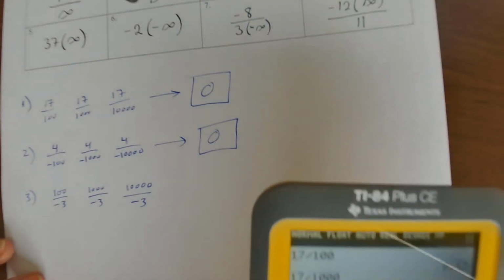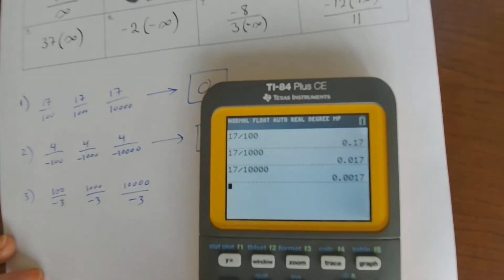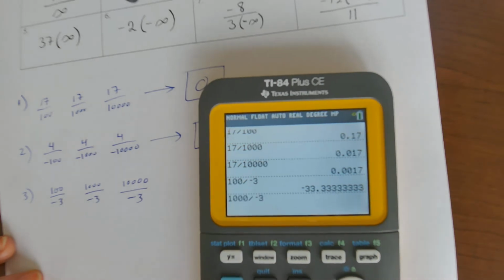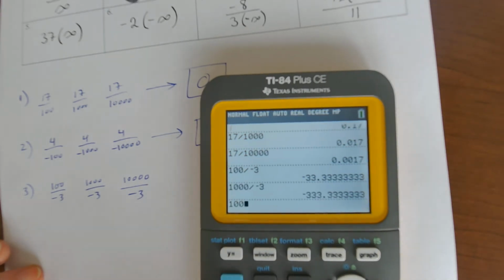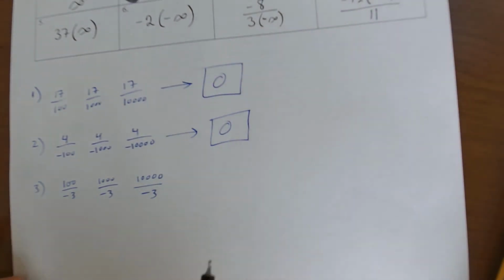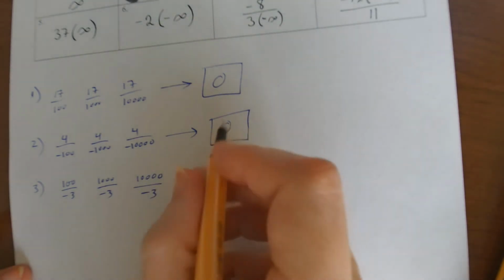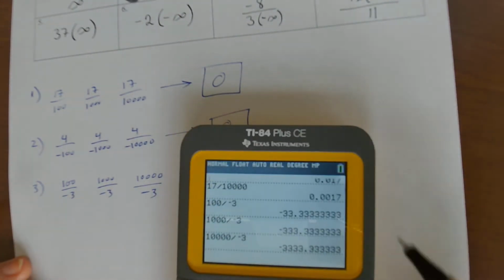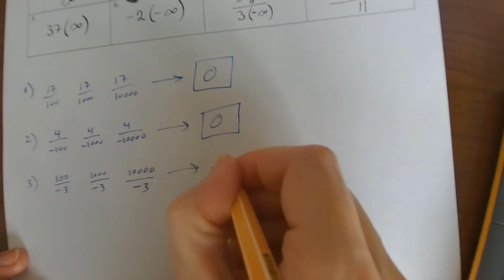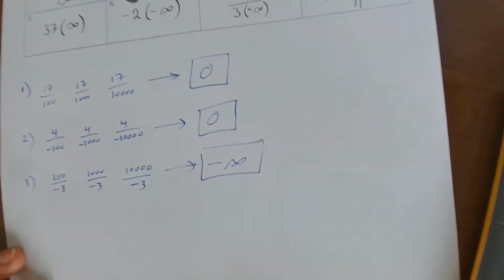They're not approaching zero because they're not getting smaller. They're getting big, and they're going to keep getting bigger as the numerator blows up and the denominator stays constant. But notice, they're getting bigger in a negative direction. So here we have negative infinity.